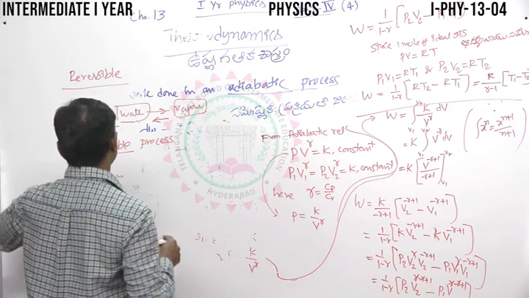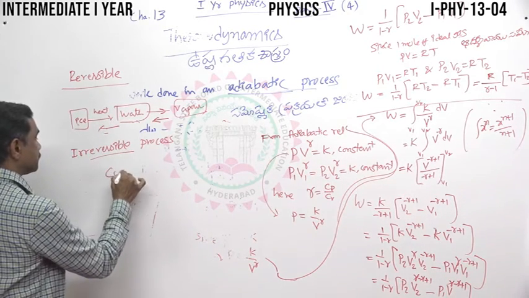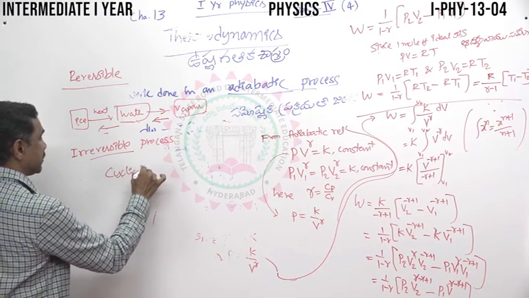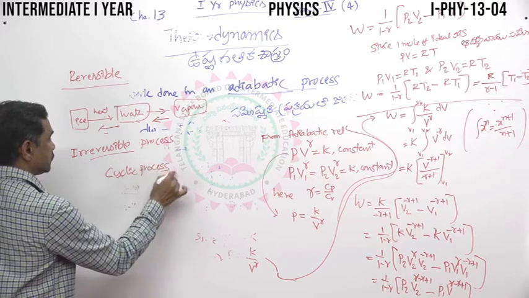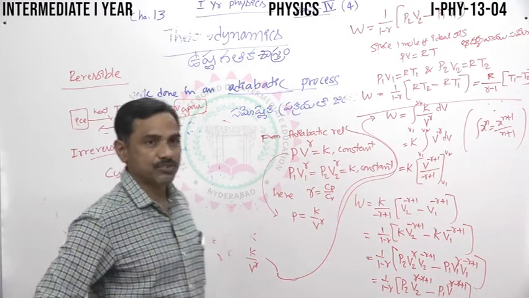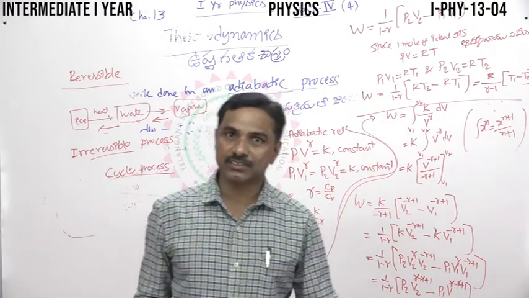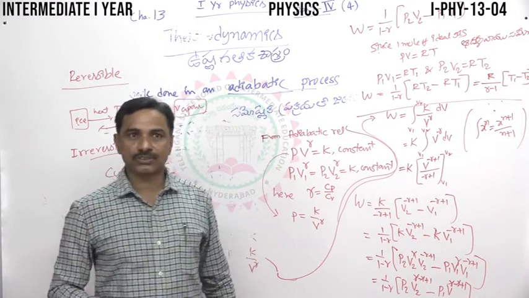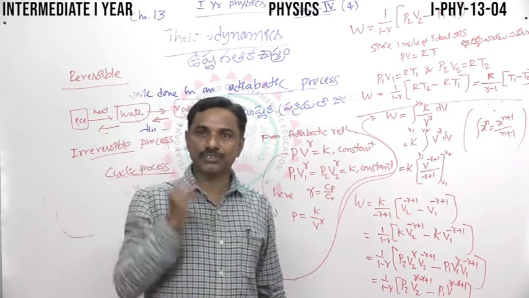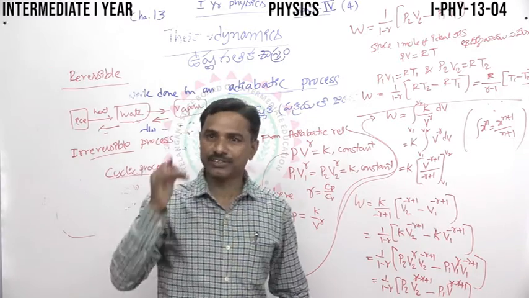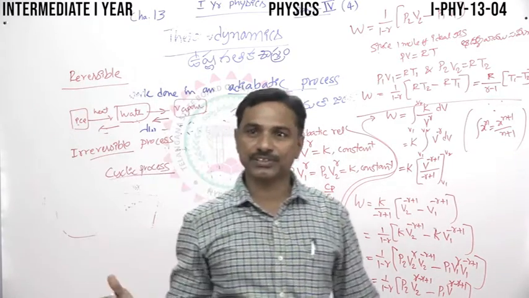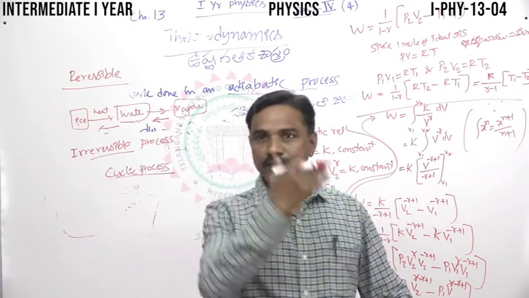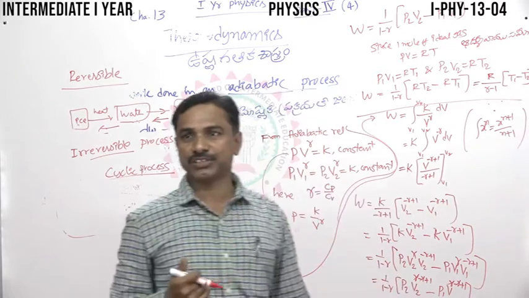Now, what is a cyclic process? In the introduction, in the first chapter itself, we discussed that the thermodynamic system undergoes changes at various stages and comes back to the initial stage.